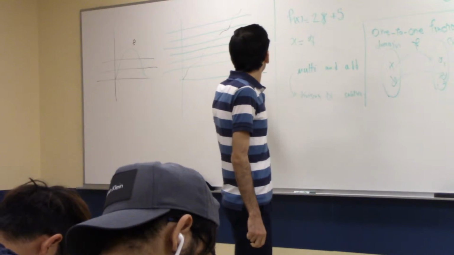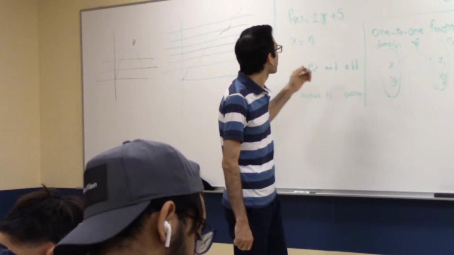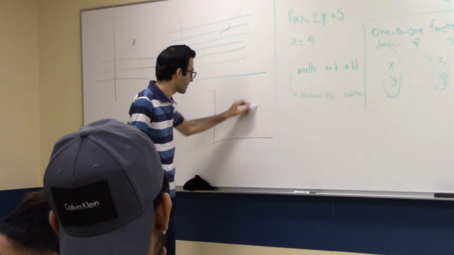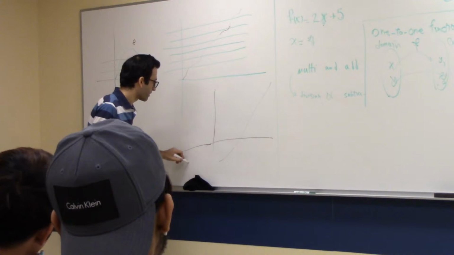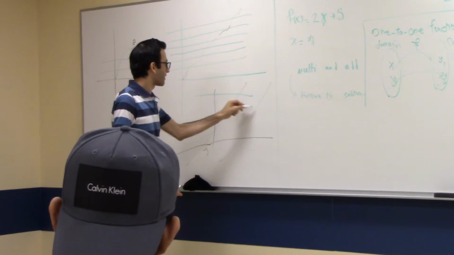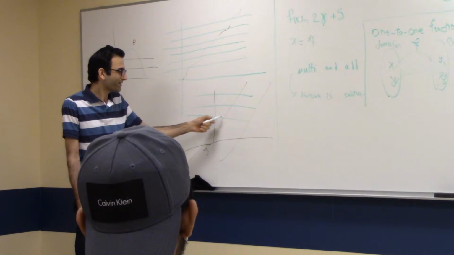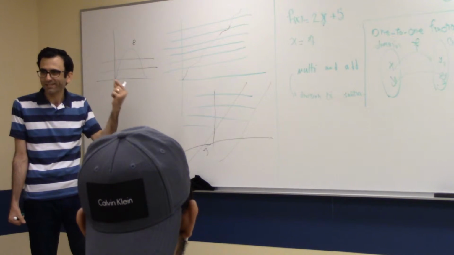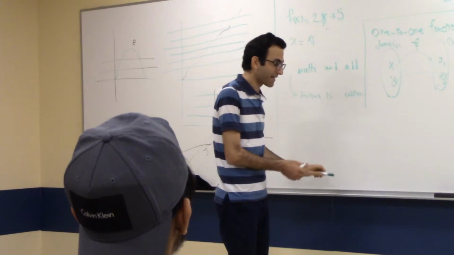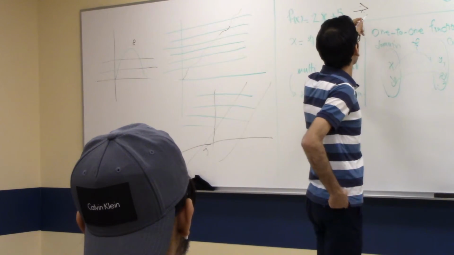By the horizontal line test, we can be sure of this function, because when you plot it, it looks like this, and when you cut the function with a horizontal line, the cut point is just 1. So we are sure that this function has an inverse function, and we want to calculate it. How do we calculate it?